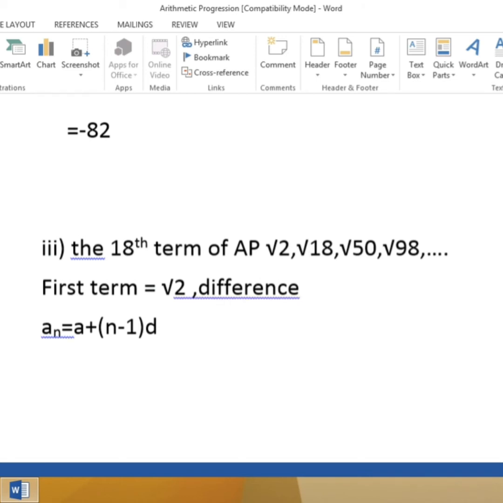So 9 you can take it out from the square root because it's a perfect square. So it becomes 3 square root of 2. So square root of 18 can be written as 3 square root of 2 minus first term, just square root of 2. So 3 square root of 2 minus square root of 2 is going to be 2 square root of 2.